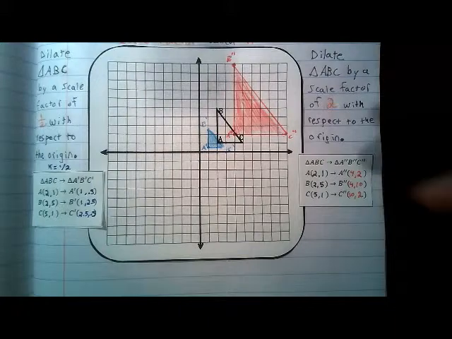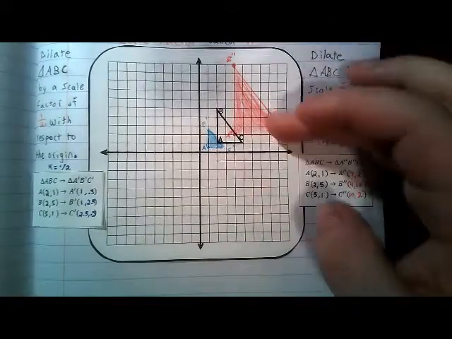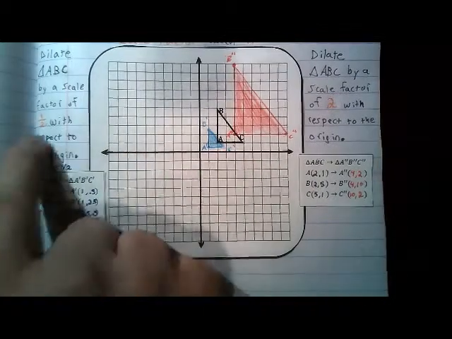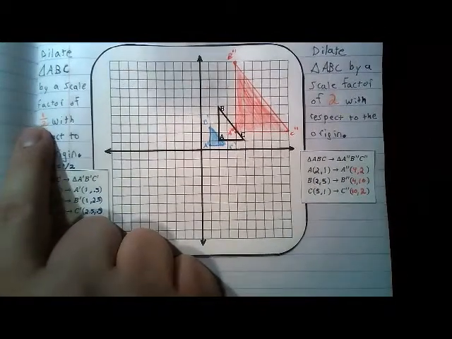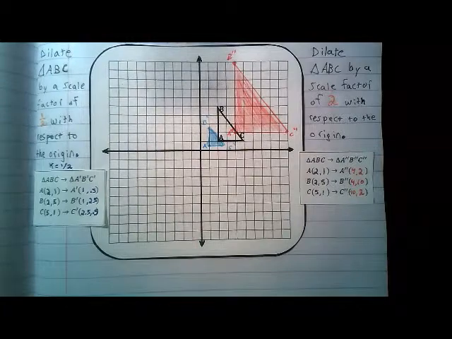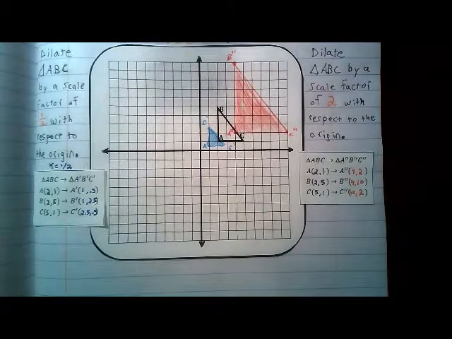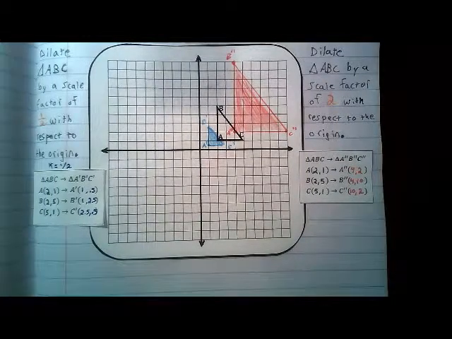When I multiplied this by 2, it got bigger. When I multiplied by 1/2, it got smaller. If you were to multiply everything by 1, it would stay the same. So when we talk about dilations and scale factors, there's a specific statement that we can say about whether something is a reduction or an enlargement.